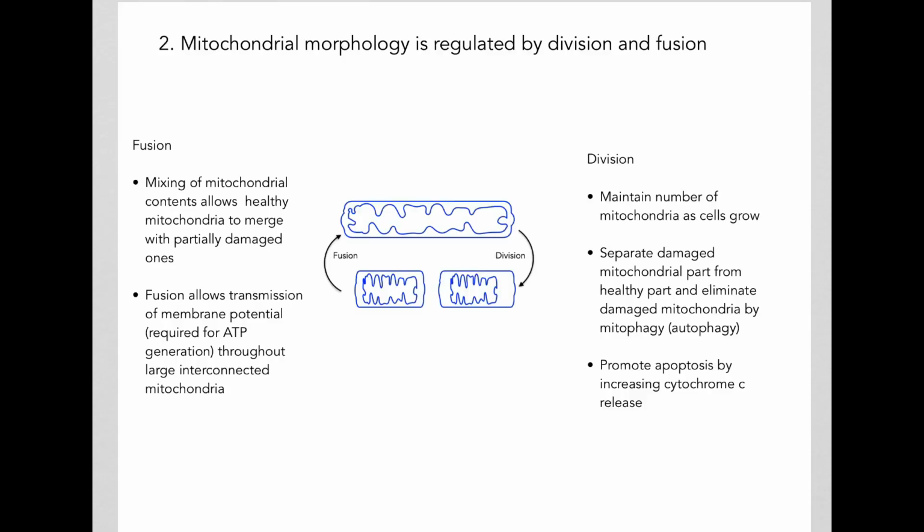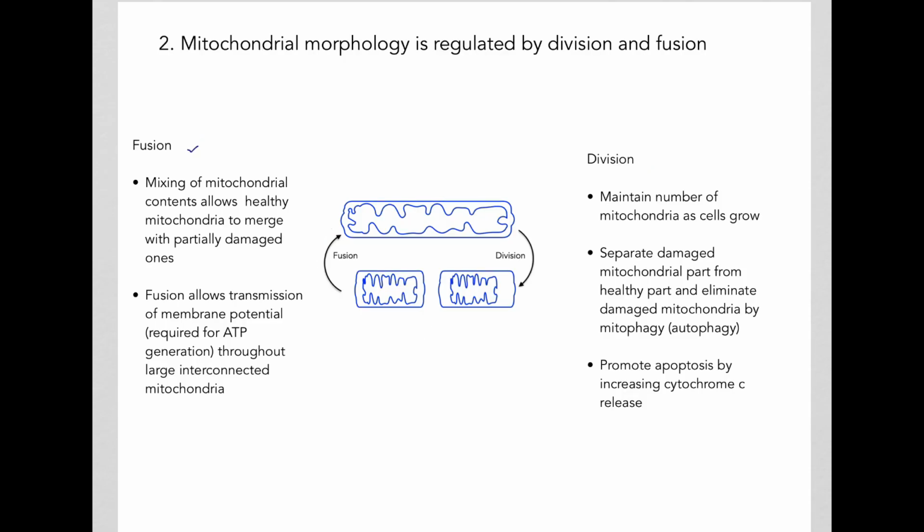Another important thing to understand about mitochondria is that mitochondrial morphology is regulated by division as well as fusion. During fusion, smaller mitochondria can join together to form larger ones, while during division, a large mitochondria can split into smaller mitochondria.